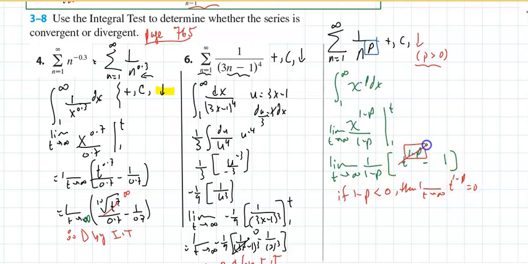That'll 0 out, and therefore it'll converge. If 1 minus p is positive, if this happened to be a positive power, then the limit as t approaches infinity of t to the 1 minus p would be infinity, and therefore it'll diverge.